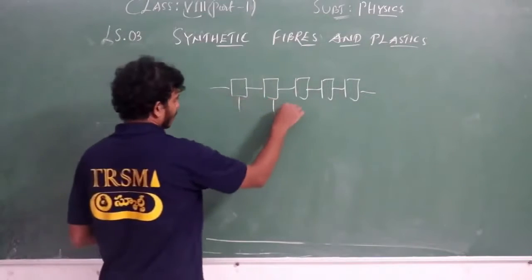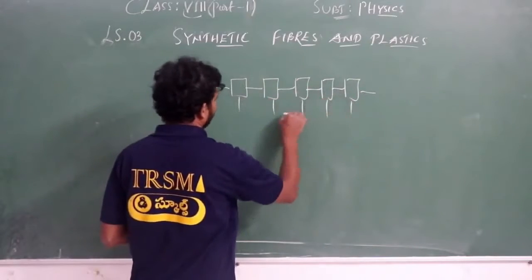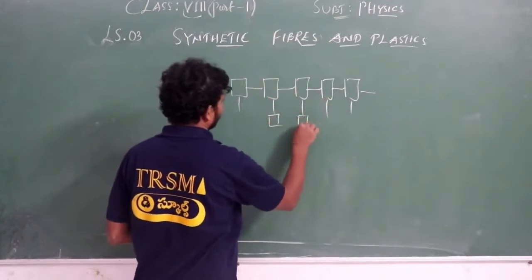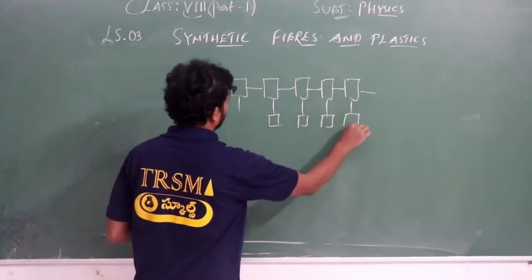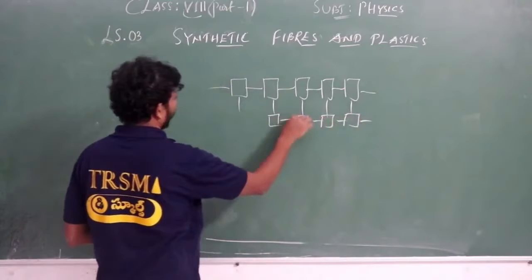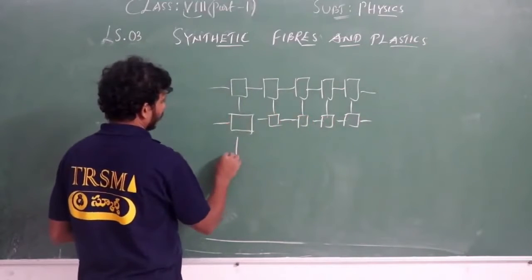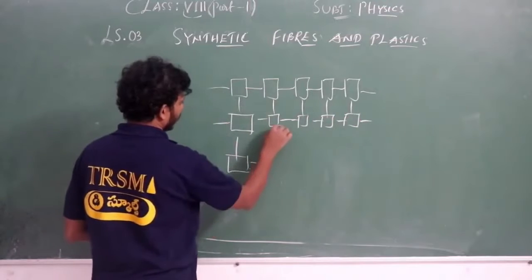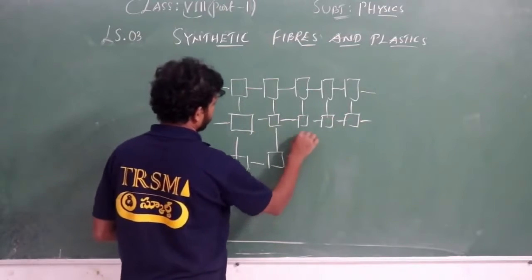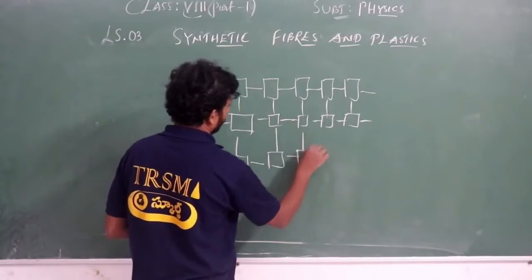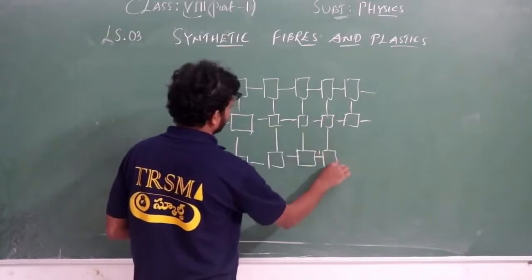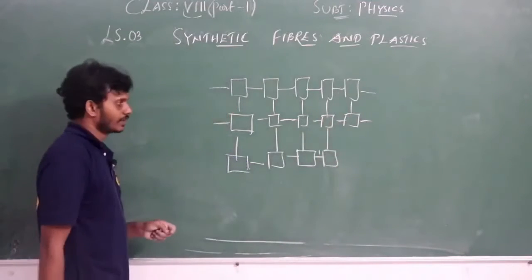And if these are connected again in between with many monomers like this, we call it cross linkage. This is clear? So what do you call it? Cross linkage.